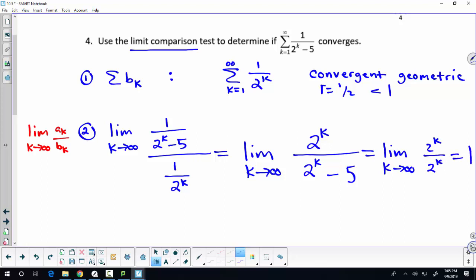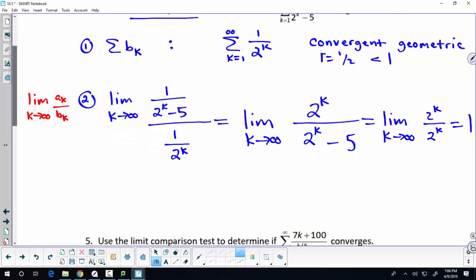Which is, well, I guess technically they were calling this L. So L is equal to 1. What's our conclusion? You got a finite number that's not 0, then both of those series do the same thing.